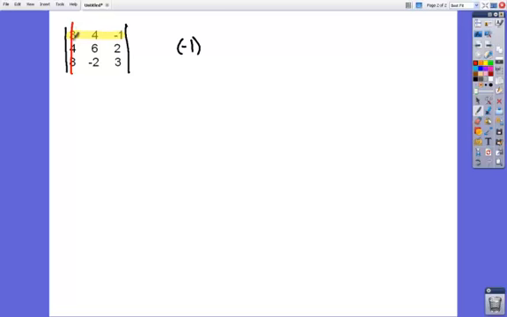So the missing element is going to be 3 right there, and then my minor is going to be 6, 2, -2, 3. So it's -1, we're dealing with row 1, column 1. There's my cofactor times the missing element 3 times the determinant of that minor that is left over with this column being gone: 6, 2, -2, 3.